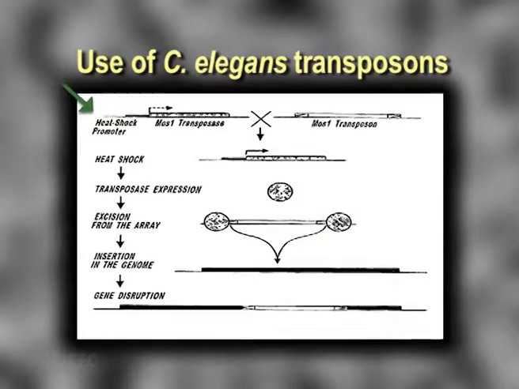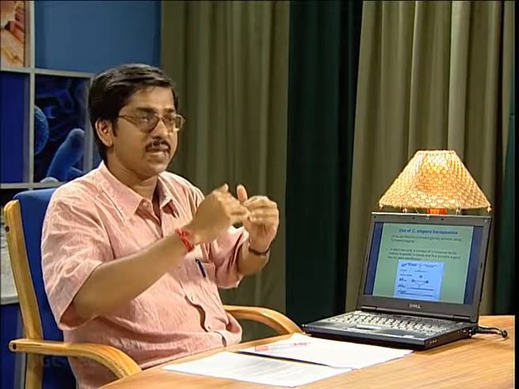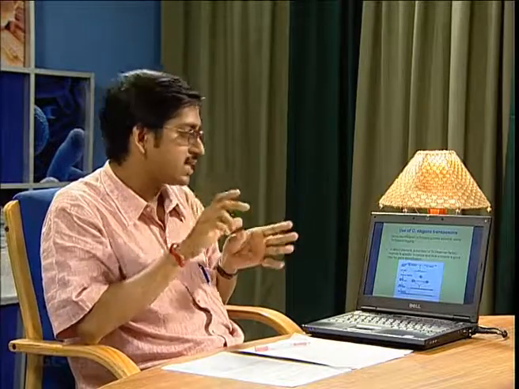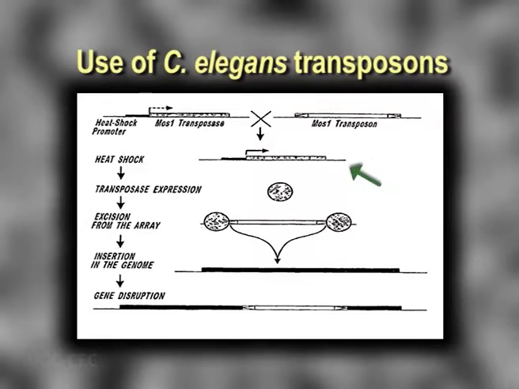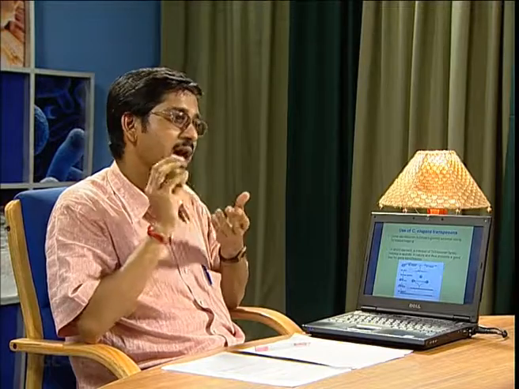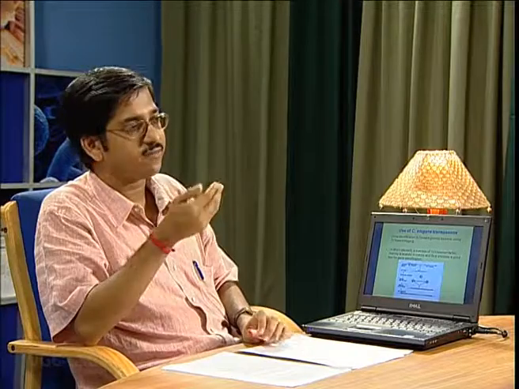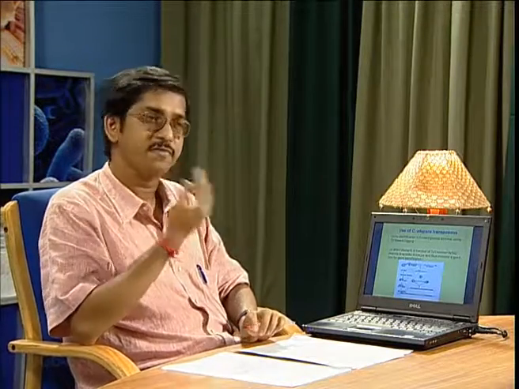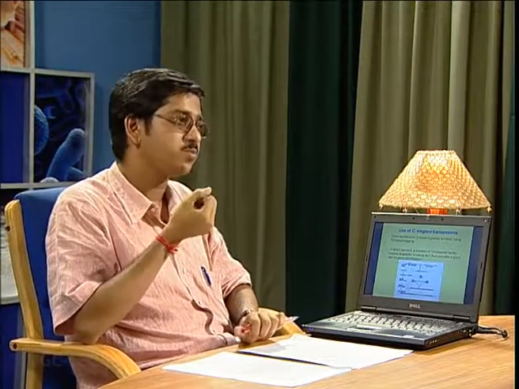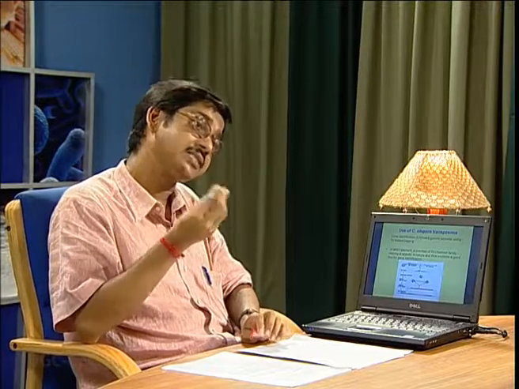Whenever we provide heat shock, the Mos1 will be activated, otherwise it will not be activated. Then the Mos1 moves and gets inserted at a particular locus, helping the host transposon to get inserted at certain loci of the genes and causing gene disruption. There are various mechanisms, PCR based, phenotypic, or even genomic based methods, by means of which we can identify which genes have been disrupted due to the movement of the Mos1.